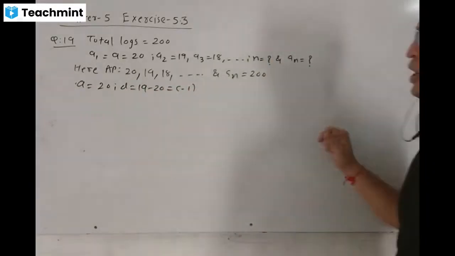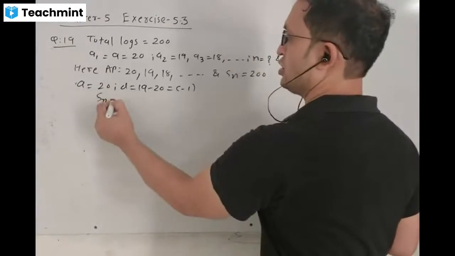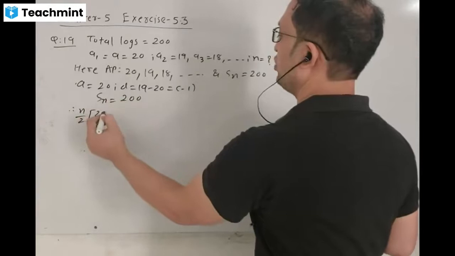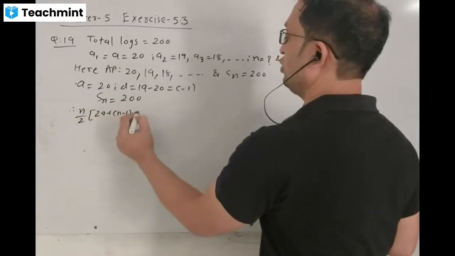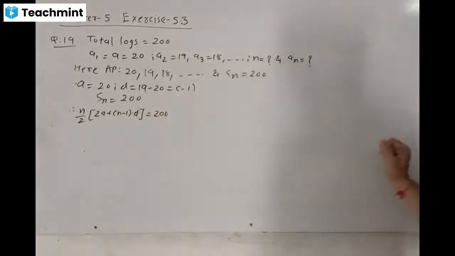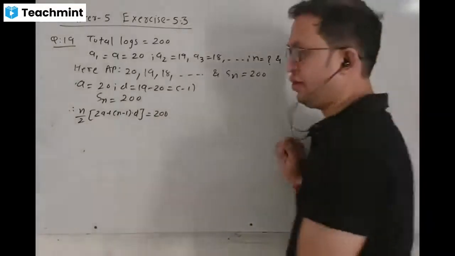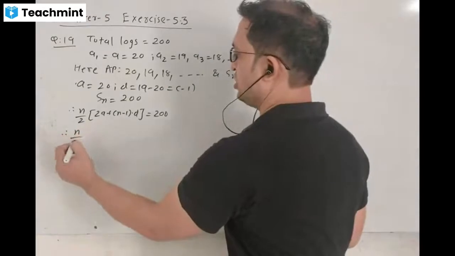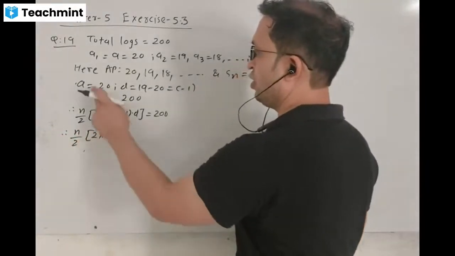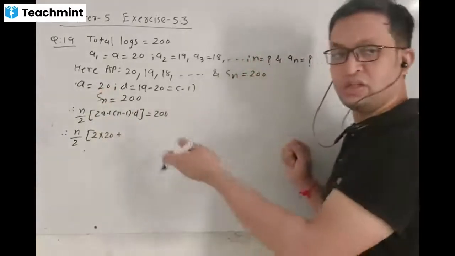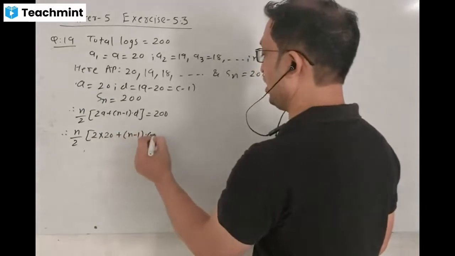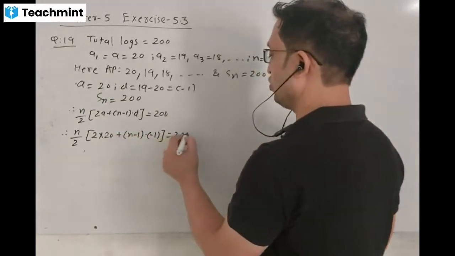To apply the formula, Sn is equal to 200. Formula: Sn is equal to n by 2 into 2a plus n minus 1 into d. First we find n. a and d are given, so find the value of n. n by 2 as it is, 2 into a, where a is 20, the number of logs in the first row, plus n minus 1 into minus 1, that is equal to 200.